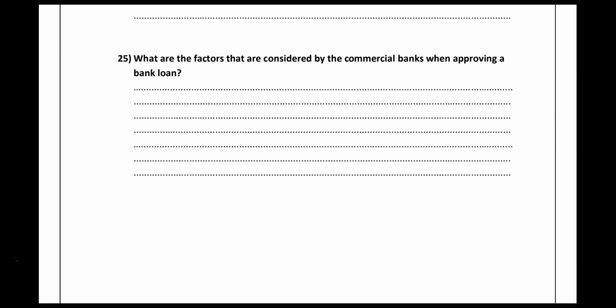Okay. Generally, around 40% of the income is permitted to be allocated for installment repayments. Let's say your monthly income is 1 lakh.